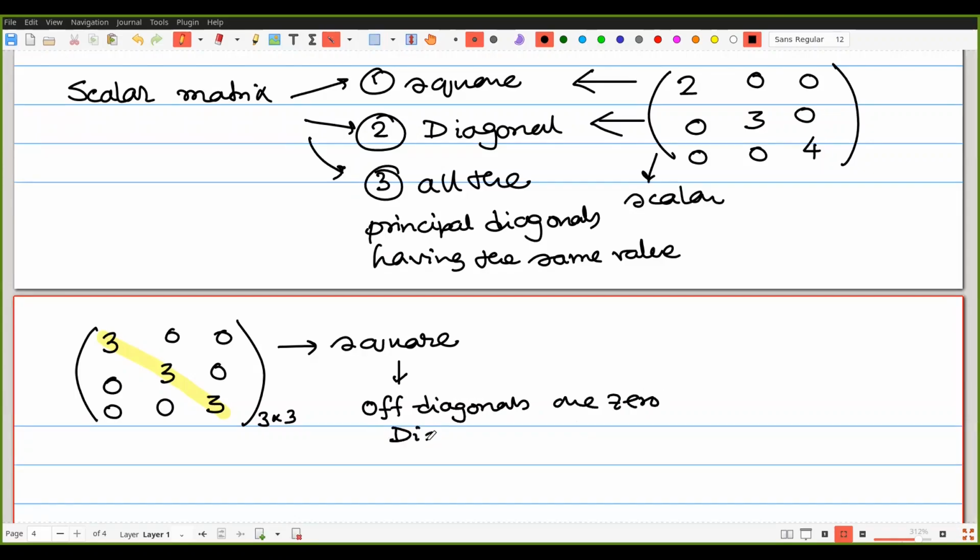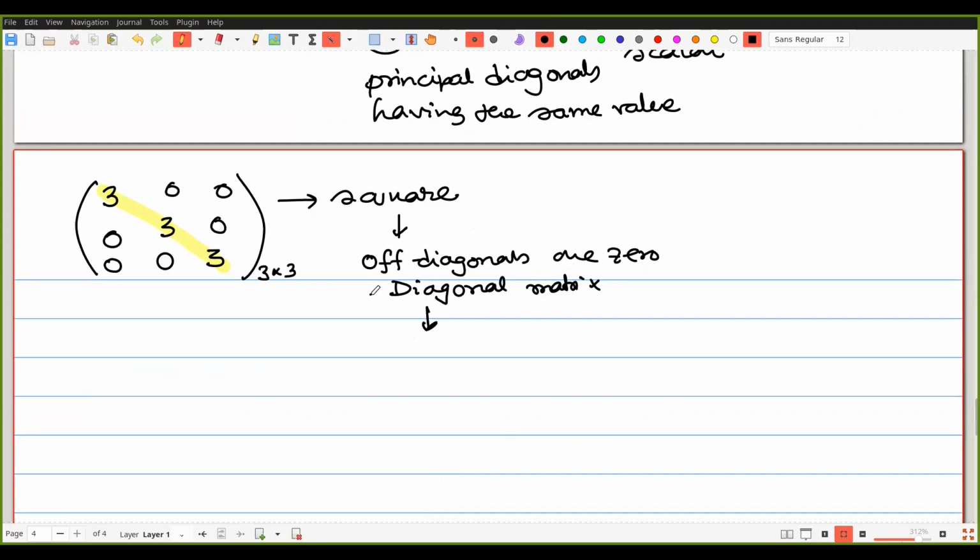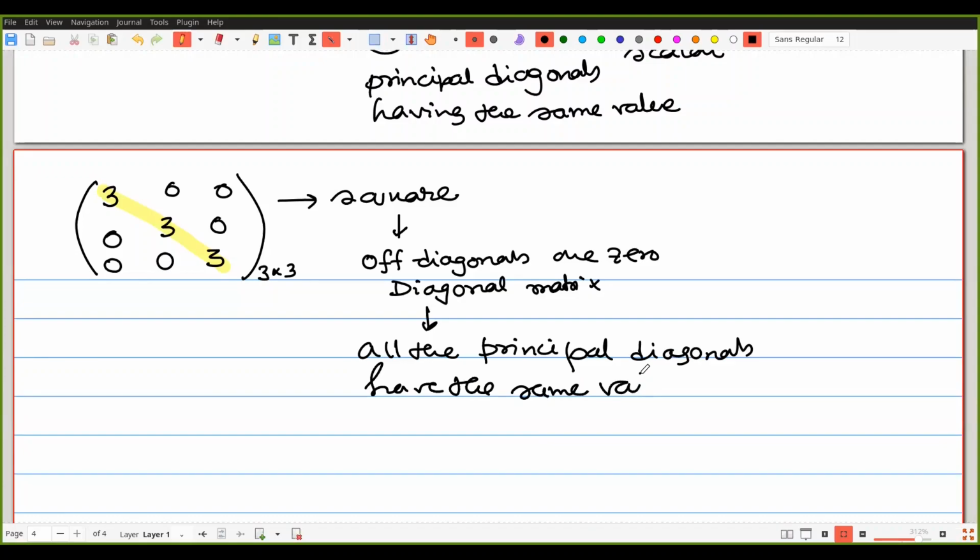So obviously it is a diagonal matrix. And third, from the diagonal matrix, all the principal diagonals have the same value, that is 3. So it may also be considered as a scalar matrix.